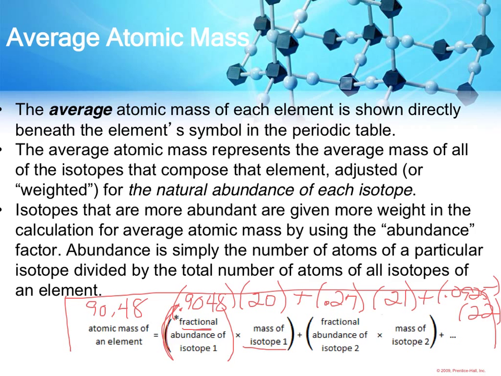I want to take a moment to point out a really common error that students make. That third isotope, neon-22, had a percent abundance of 9.25. Be really careful when converting that to fractional or decimal abundance.